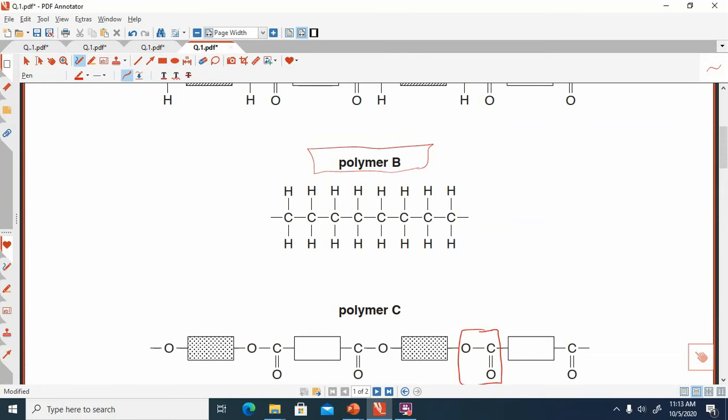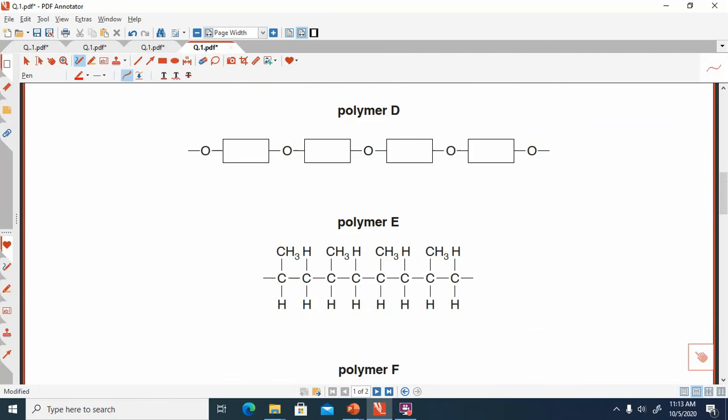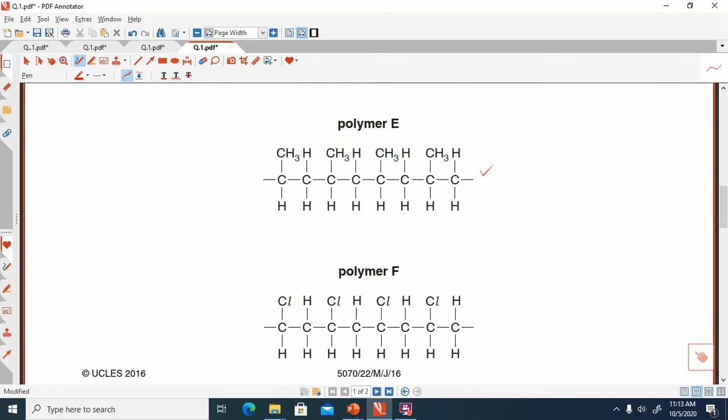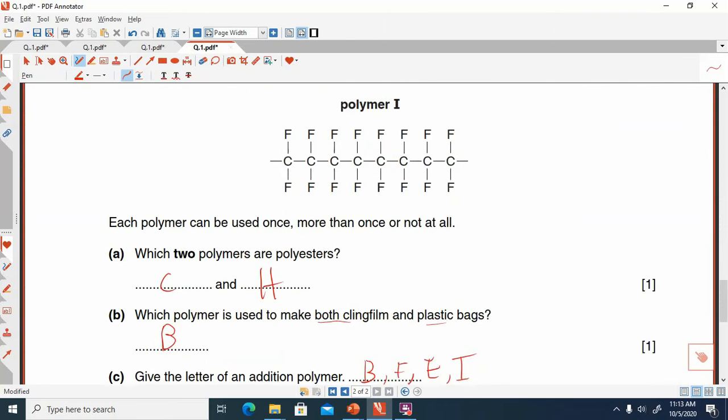Look at this one, B, it contains carbon and hydrogen single covalent bonds. And look at this one, this is also carbon-hydrogen and carbon-carbon single covalent bonds. So the answer for part D is B and E.